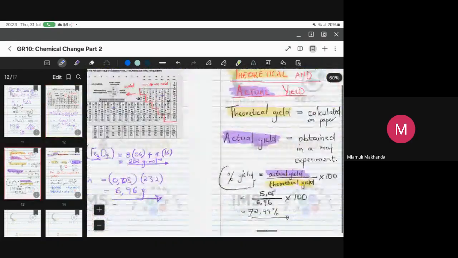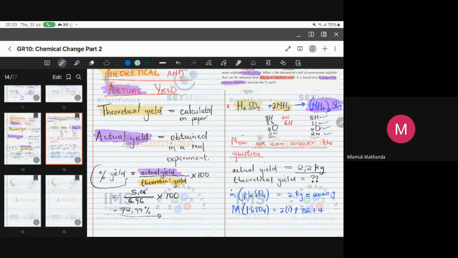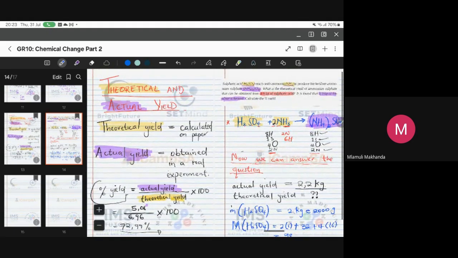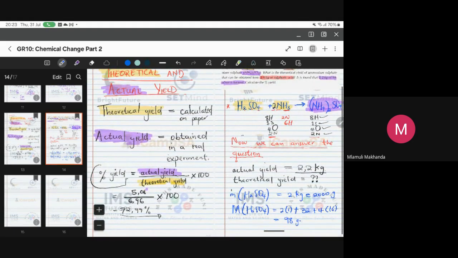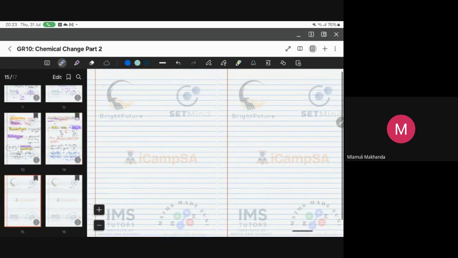So we get 2 plus 32, and we know that oxygen is 16, plus 4 times 16. This will give us about 98 grams per mole. Then we can find the number of moles of sulfuric acid.